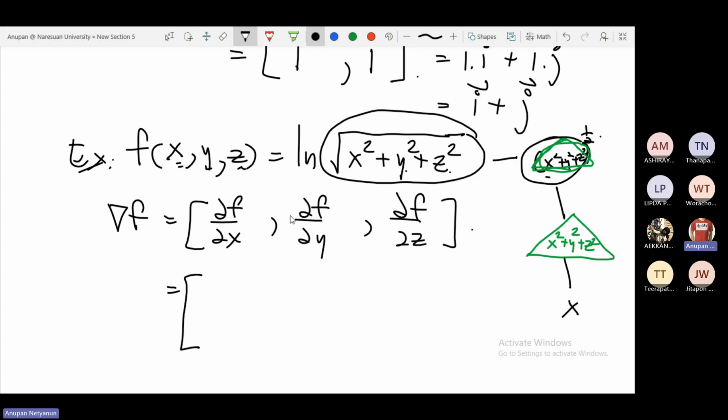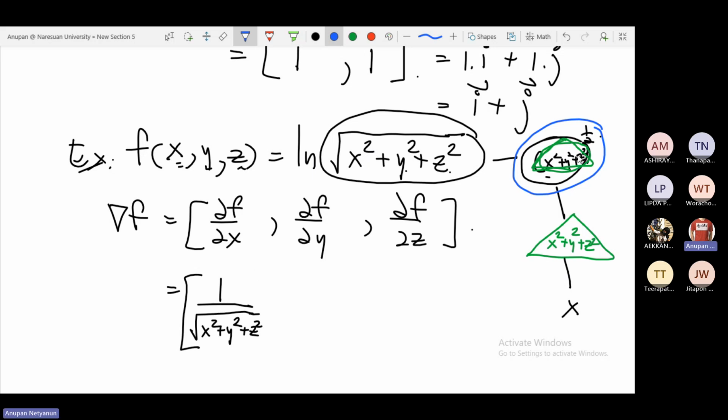That means when you take the derivative of ln, you have 1 over the circle thing, right? Which is square root of x squared plus y squared plus z squared. Okay. So let me write this step as the blue one. So you take derivative of this with respect to this, you get this.